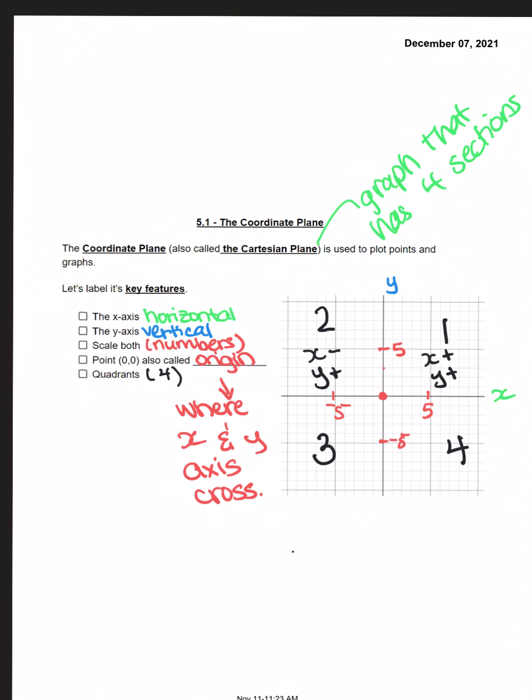And when I look in 3, now I notice my x is negative, and so is my y. My values are still negative there. And in number 4, my x is positive now. I'm on the right-hand side. We are dealing with a positive scale here, but my y is negative.